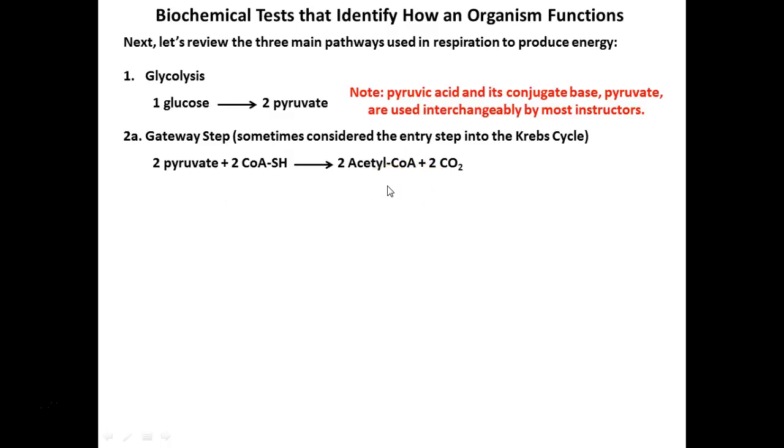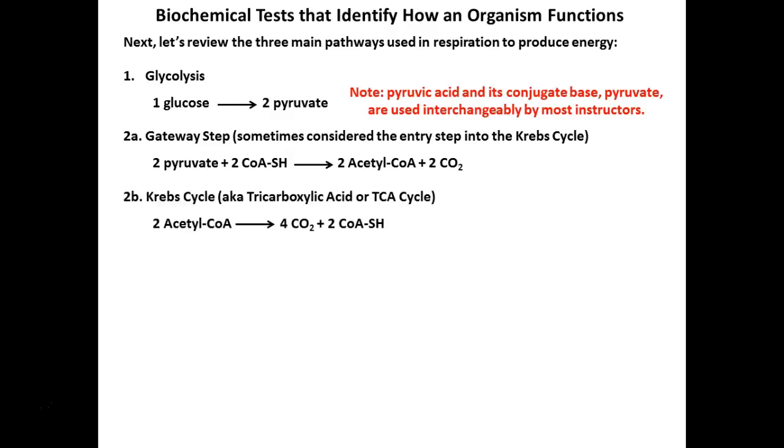This helps bring it into the Krebs cycle. Through the process of the Krebs cycle, we're going to continue to break off carbon dioxides, and we're also going to take electrons from the acetyl-CoA. The acetyl-CoA is recycled right in the beginning. And we're going to produce 4 molecules of carbon dioxide.